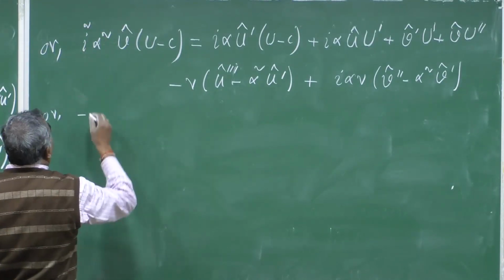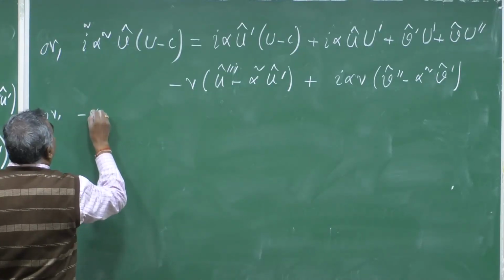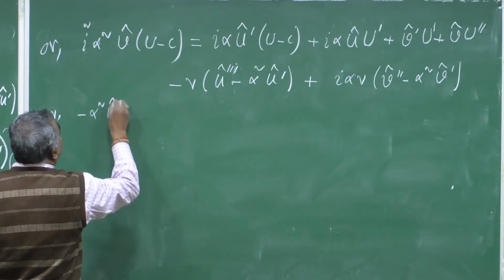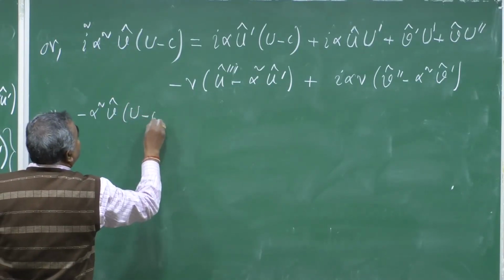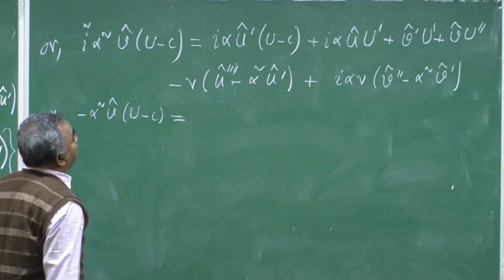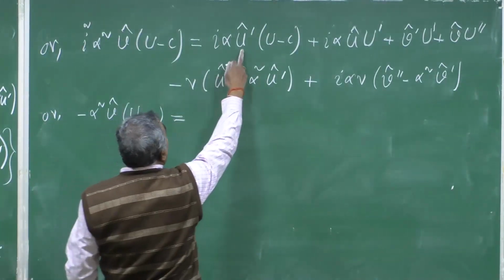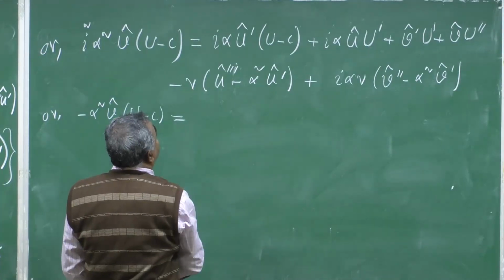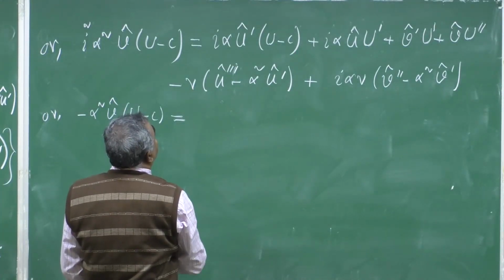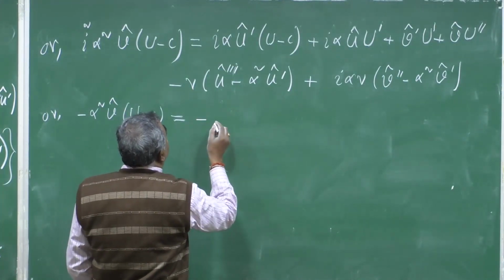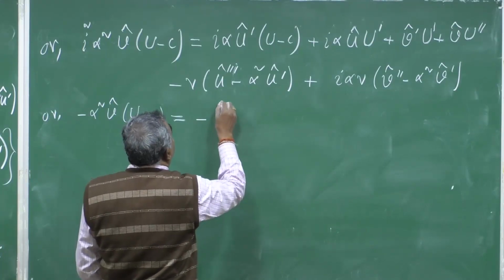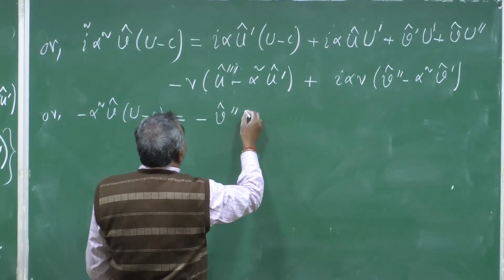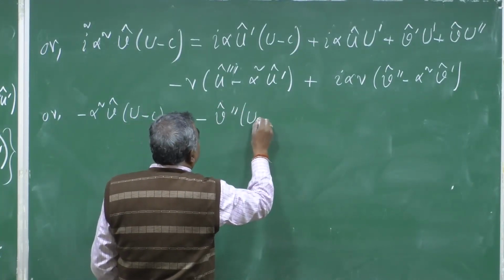So, that should be minus α squared v hat (u minus c) equals iα u hat prime. iα u hat prime is going to be minus v hat double prime (u minus c).